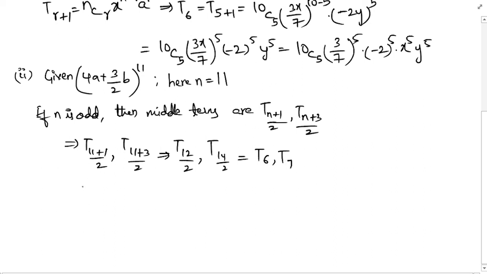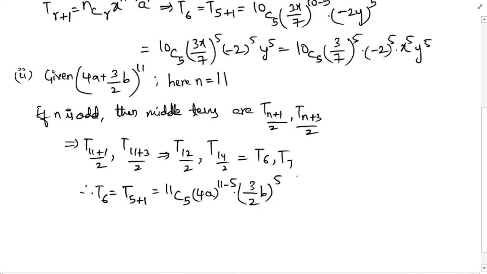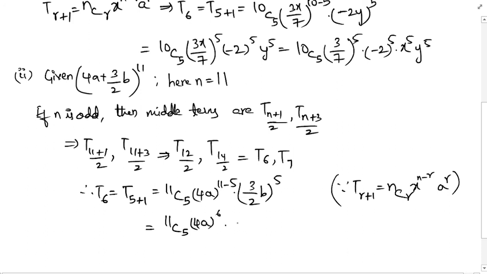Therefore T6 is equal to T(5+1), which is equal to 11C5 (4a)^(11−5) into (3/2b)^5, since T(r+1) is equal to nCr x^(n−r) a^r. So this will be 11C5 (4a)^6 into (3/2b)^5.